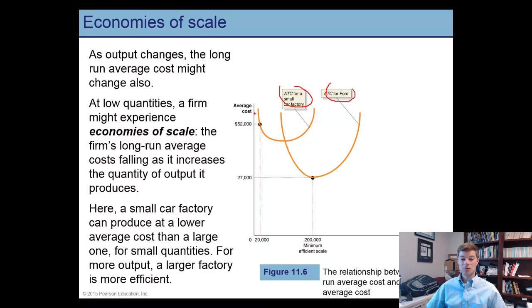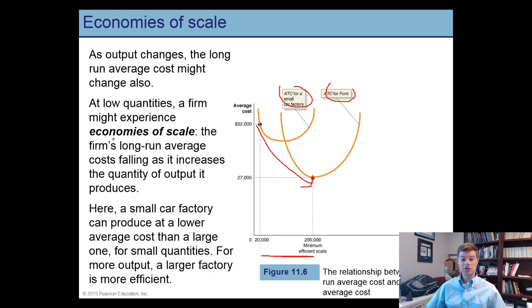If the firm were to move from the small factory to the larger factory, this would show us that the average total cost of producing these units of output would be going down. Economies of scale is present when the long run average cost curve is going down. In this case, you can see that in the long run, the average cost of production would be going down as we increase output from 2,000 vehicles to 200,000 vehicles.